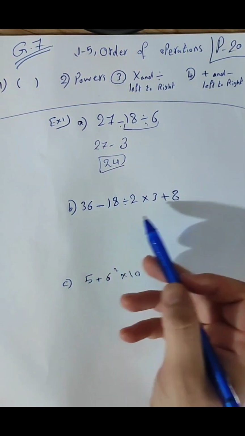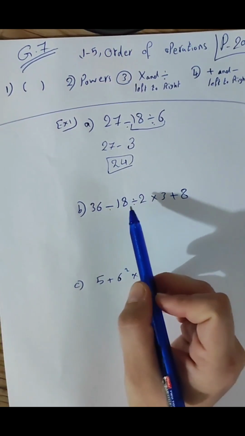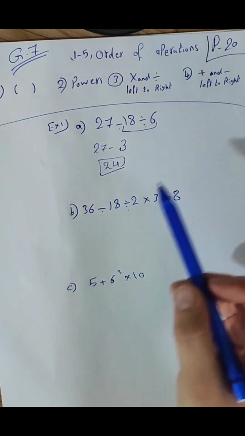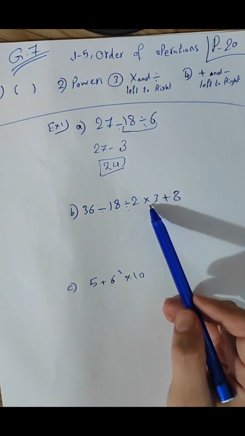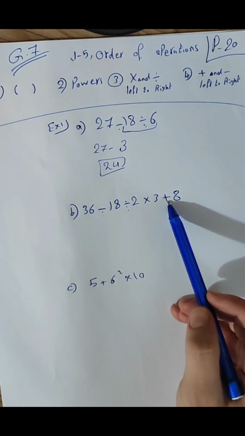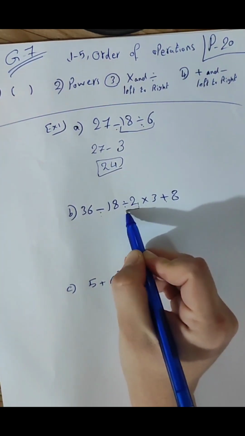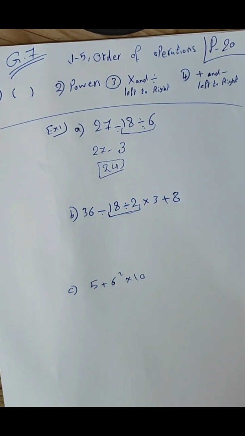Question B, we have this question, and look, we have minus, divide, times and plus. Minus we have in step 4, divide in step 3, times in step 3, and adding in step 4. But first we should solve this part, because left to right, this is the first one.